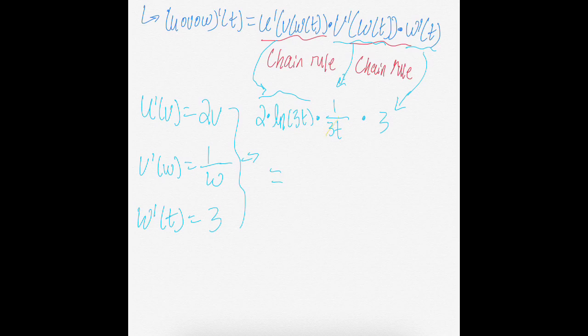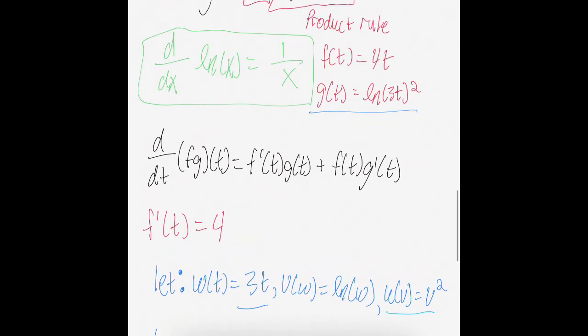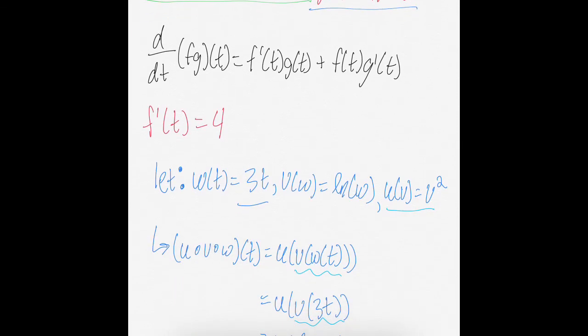Okay, so this started out looking like it was going to be a hot mess, but it's actually not going to end up so terrible because we can simplify this. I'm dividing by 3 here, multiplying by 3 here, so those cancel. And I have 2 ln of 3t on top over just t, because we canceled the 3.